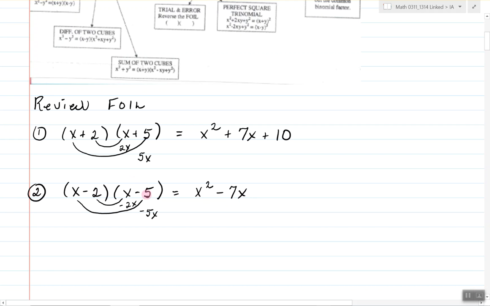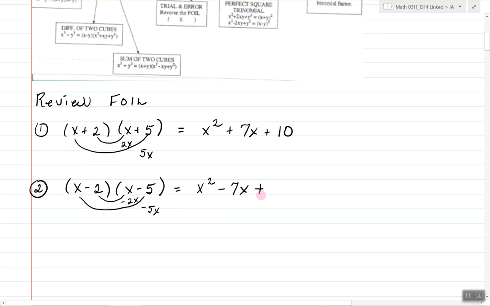The product of the last, negative 2 times negative 5, is positive 10. The sign pattern's changed. Anytime you multiply a sign times itself, whether it's positive times positive or negative times negative, you get a positive product, and in this case a positive 10.